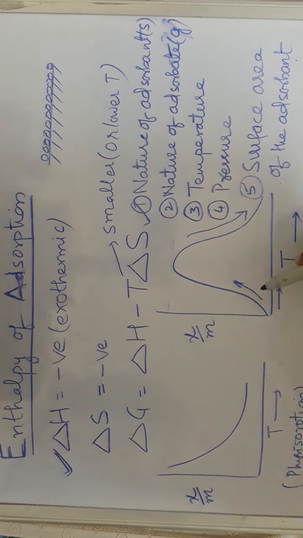I told you why there is initially an increase: the reactant molecules try to overcome the activation energy. And the most important factor in solid-gas adsorption is pressure. This we will study in detail, understanding the effect of pressure on the extent of adsorption.